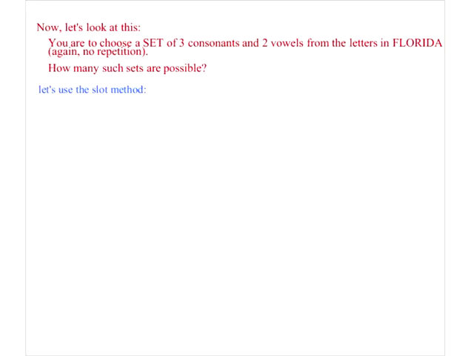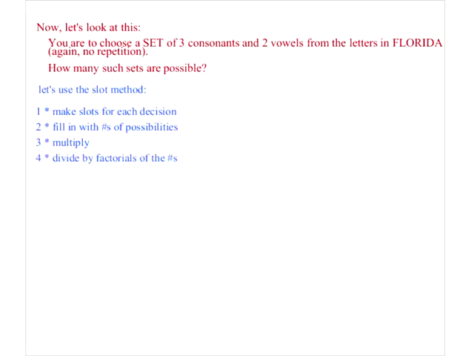Okay, number 1, make slots for each decision. And 2, fill them in with numbers of possibilities. And then 3 is multiply, and then 4 is divide by factorials of the numbers of interchangeable elements.